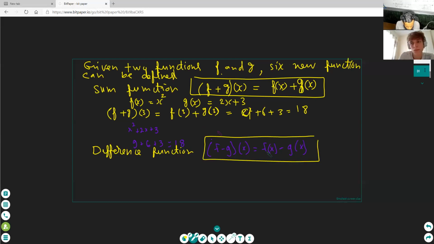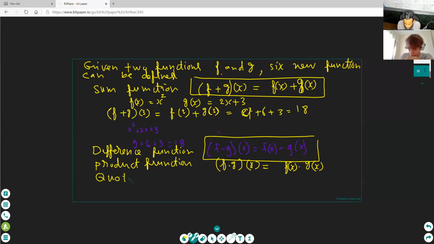And now the product function. For the product function, f into g of x is f of x into g of x. Then this is the product function. Quotient function means division.